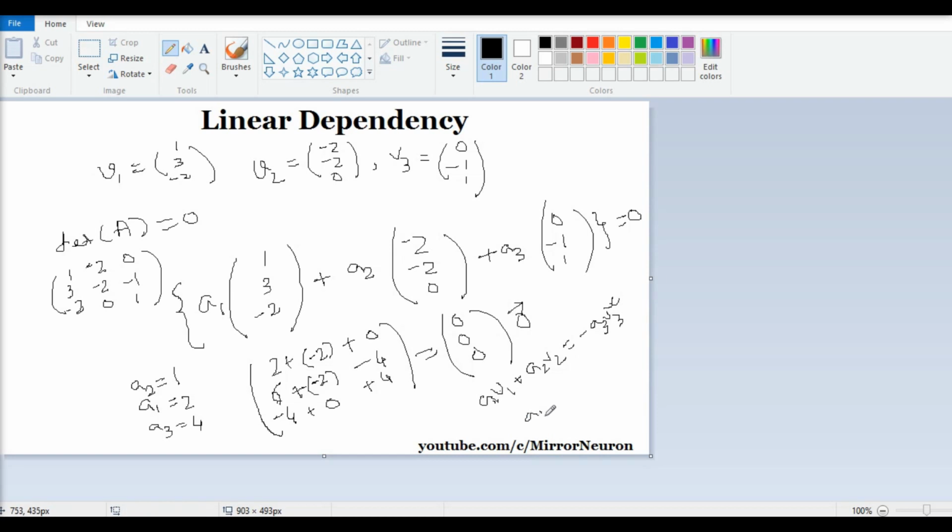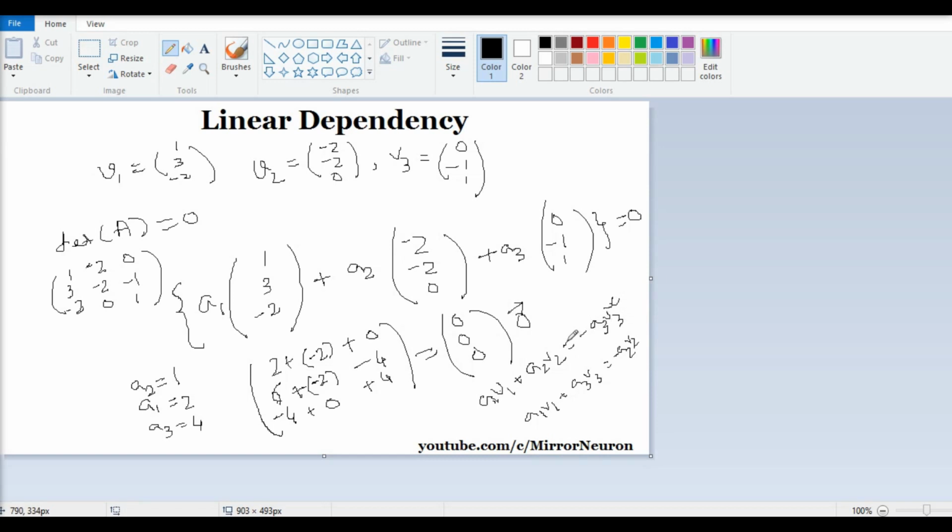I can also put it this way: a1 v1 plus a3 v3 is equal to minus a2 times v2. I can change any of these and write it this way. But what this means is that out of 3, only 2 vectors are sufficient to give me the information for the third one. So the third one is kind of redundant.